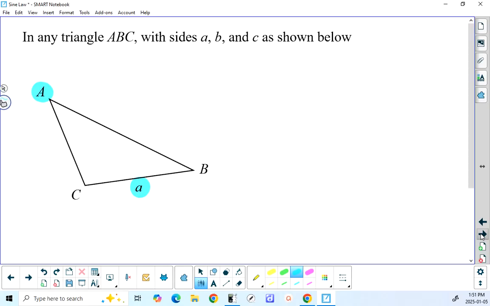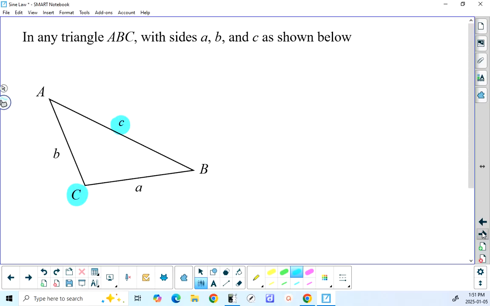On my diagram, that means that I'm going to label side B over here. Side B and angle B are across from each other. And if you look on your paper, that's the same for your triangle. And finally, wherever angle C is, side C will be across from it.